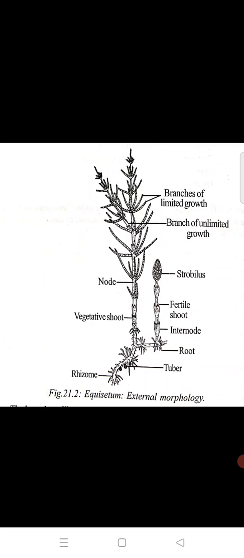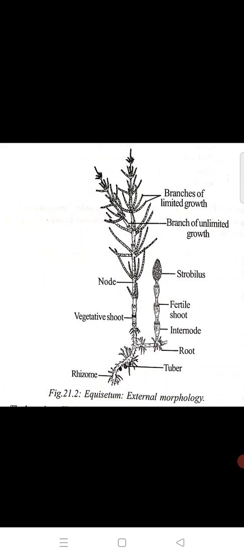So they are present in whorls around the node, both in the rhizome and aerial shoots, and the bases of the leaves are joined to form a sheath around the node, and the leaves are non-photosynthetic. Non-photosynthetic means there is an absence of chloroplast, and they give protection to the branch buds.